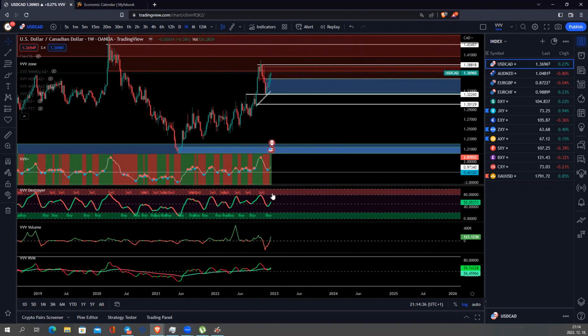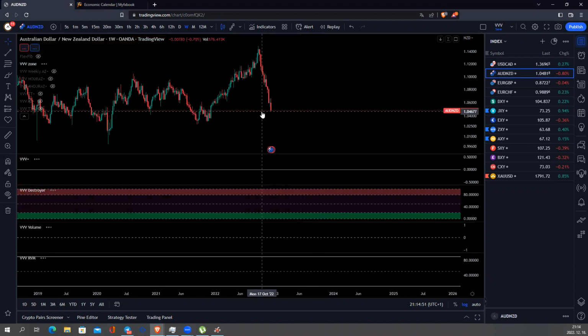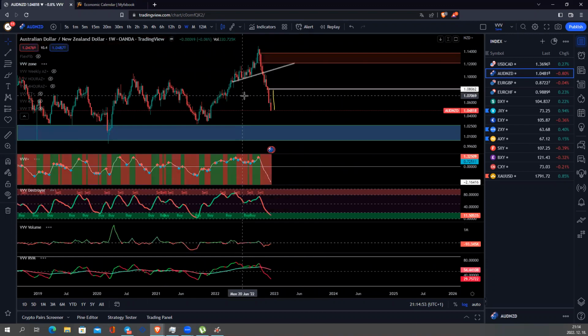Got the buy signal now on the Destroyer, and you see on the RVM also that we are heading up. So it didn't change much. The Australian dollar and NZD went down, and we are still in a bearish movement.